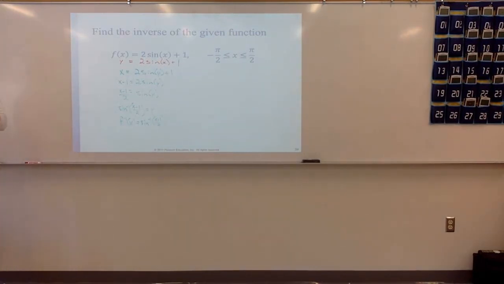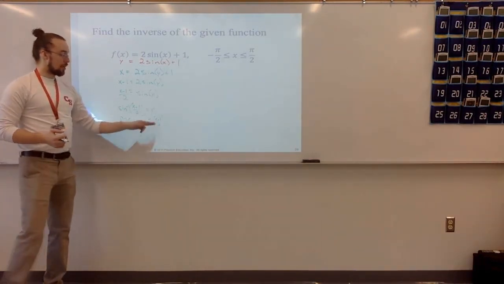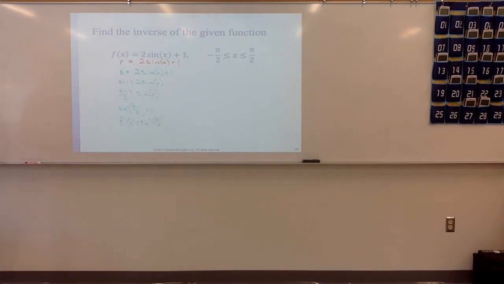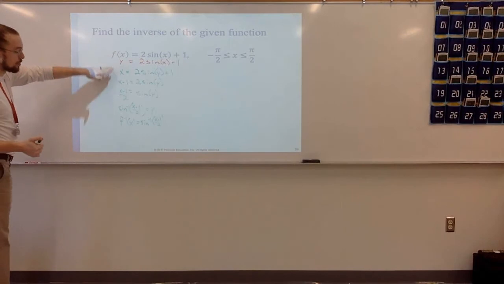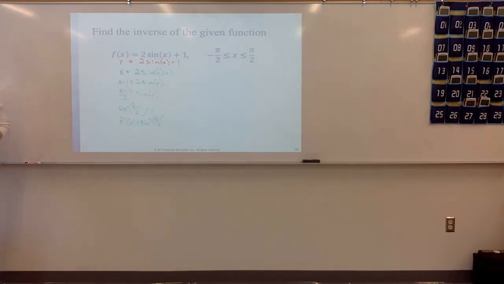My original function is 2 sine of x plus 1. Its inverse is the inverse sine of x minus 1 over 2. So if I were to graph both of these functions, they would be reflections of each other across the line y equals x. We okay with something like that?